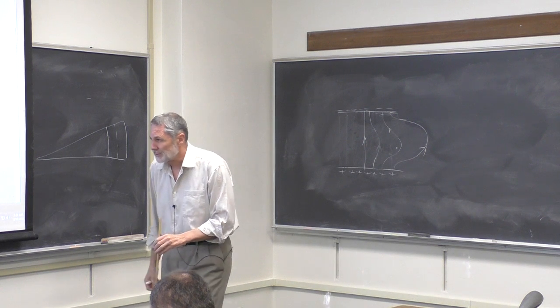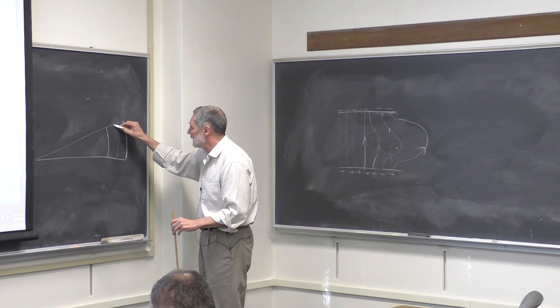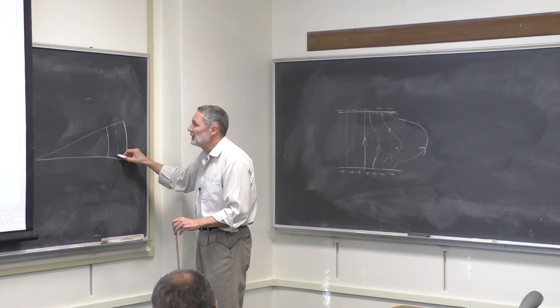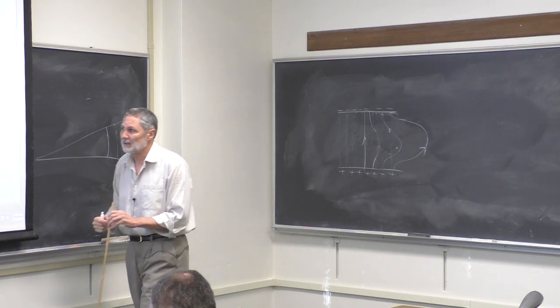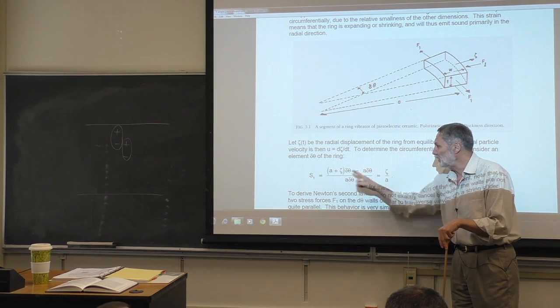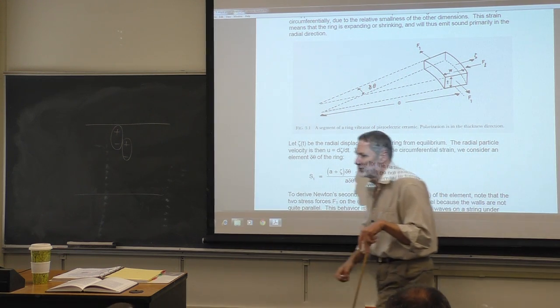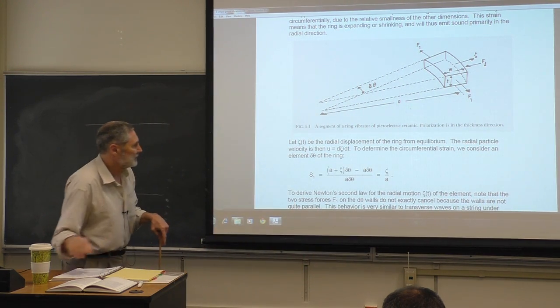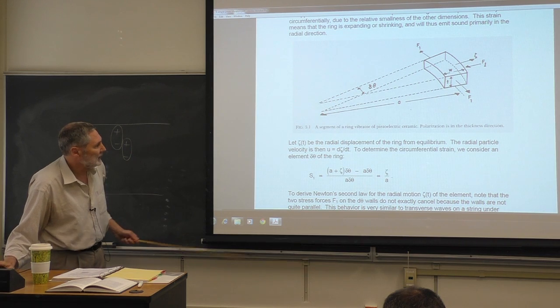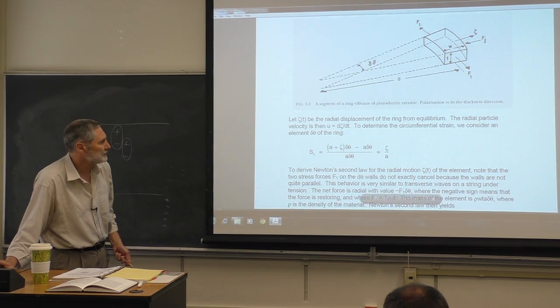Okay, so the strain is going to be this length minus the equilibrium length divided by the equilibrium length. So that's exactly what we've got here. It's the change in length divided by the equilibrium length, a dimensionless quantity. That's the strain, as we've defined it. Okay, and look at this. You can do this in your head. It's a nice, simple relationship in terms of zeta.